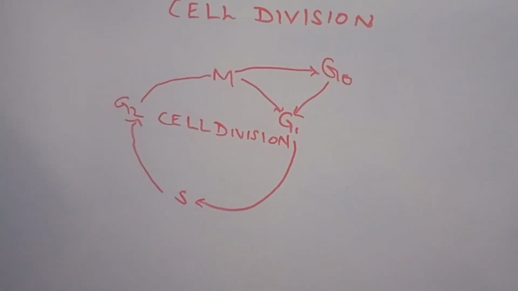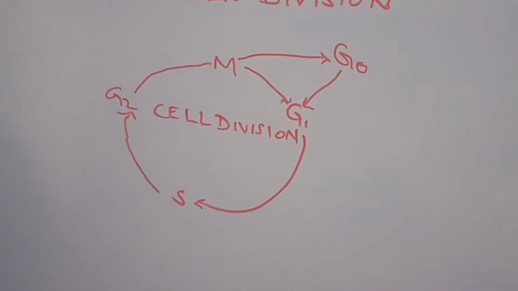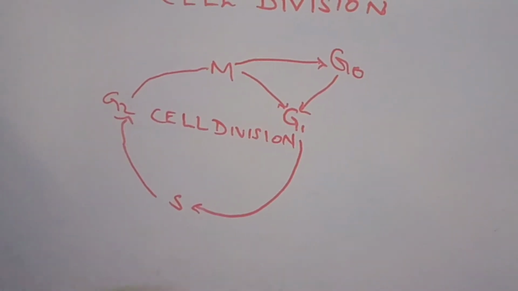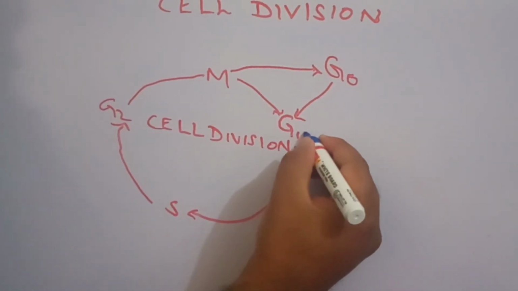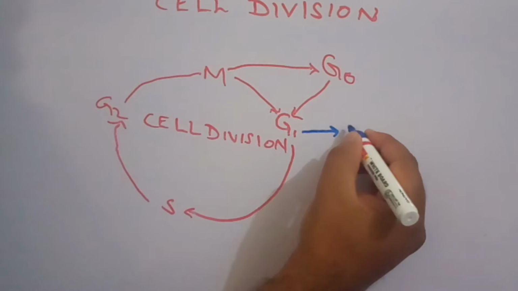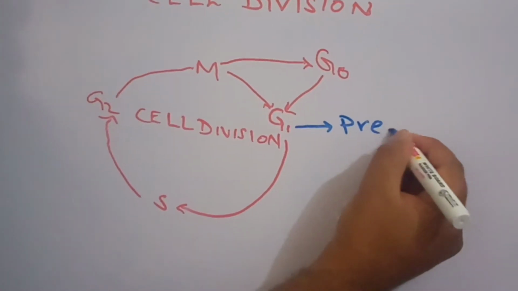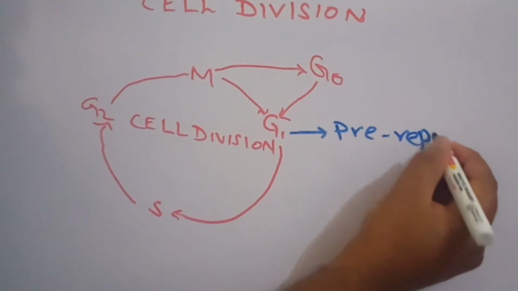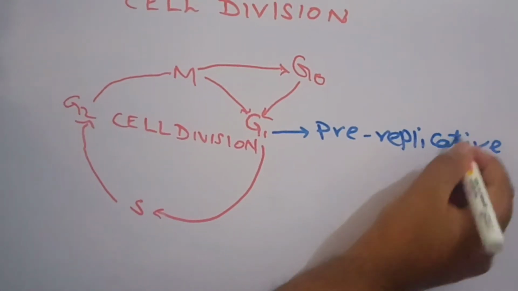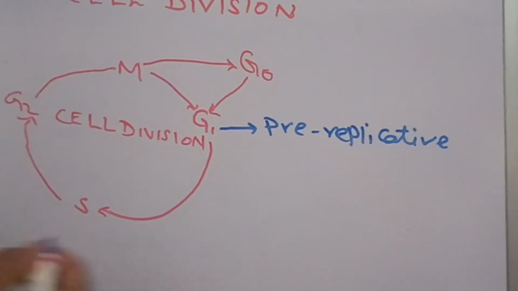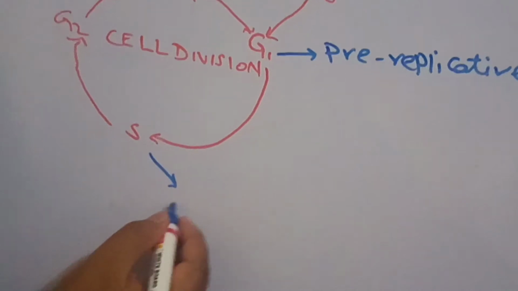Now let us see what it is. G1 indicates the pre-replicative phase. S is the synthesis of DNA.